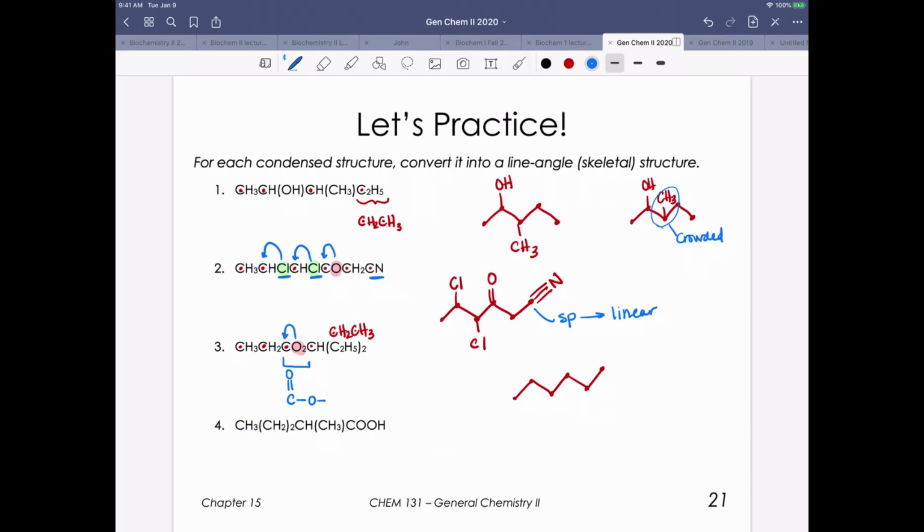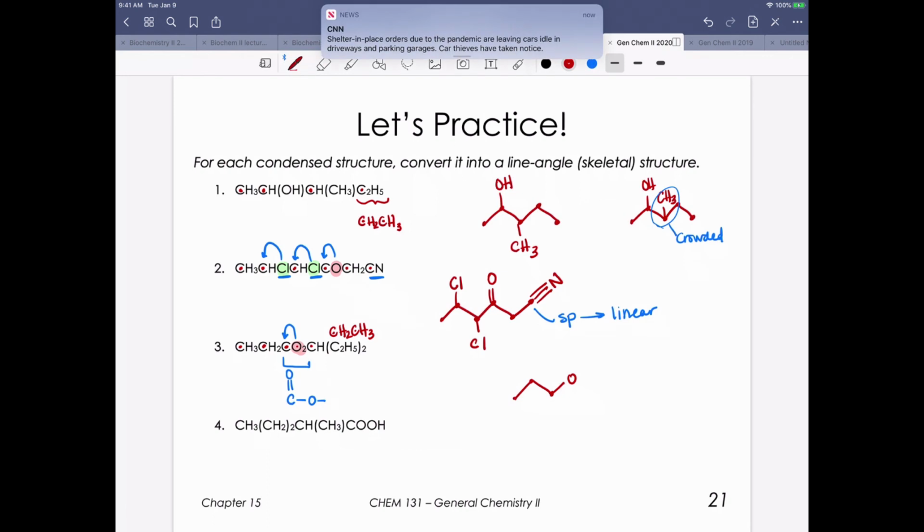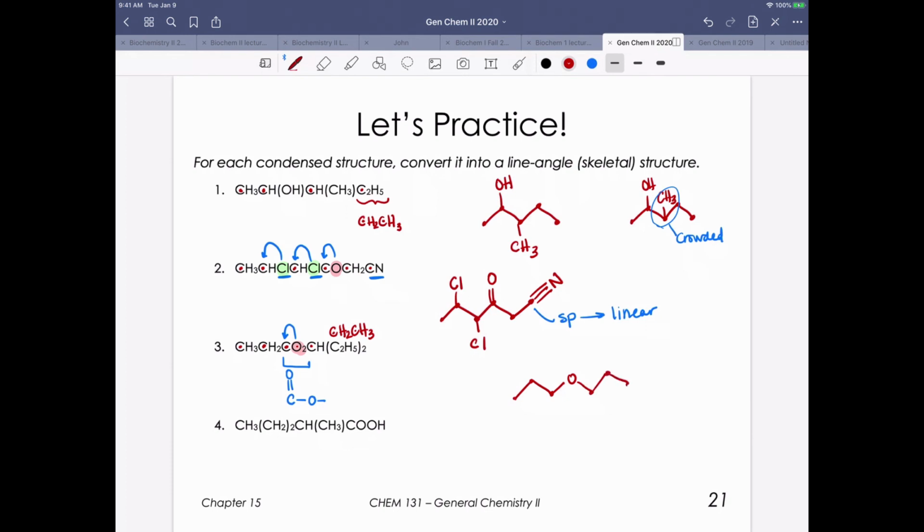So that's what that guy's going to look like. So I'm going to have to correct this. Off of my 3rd carbon atom, I'm going to have an oxygen atom. One of those oxygen atoms is actually going to be in my line. All right, and then I'm going to have my 4th, 5th, and 6th carbon atoms there.